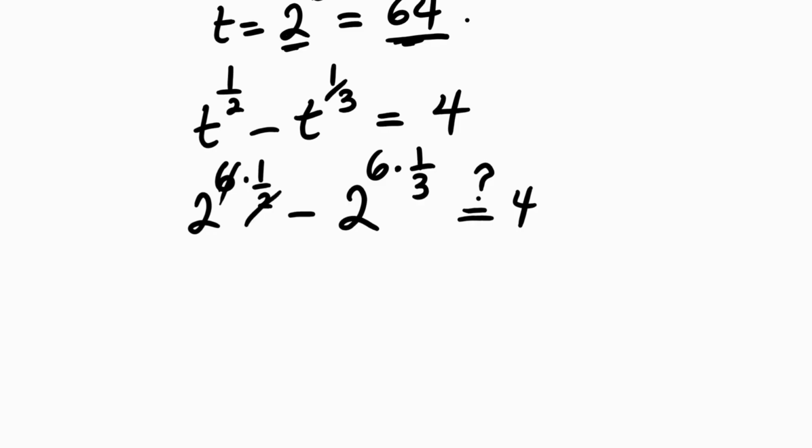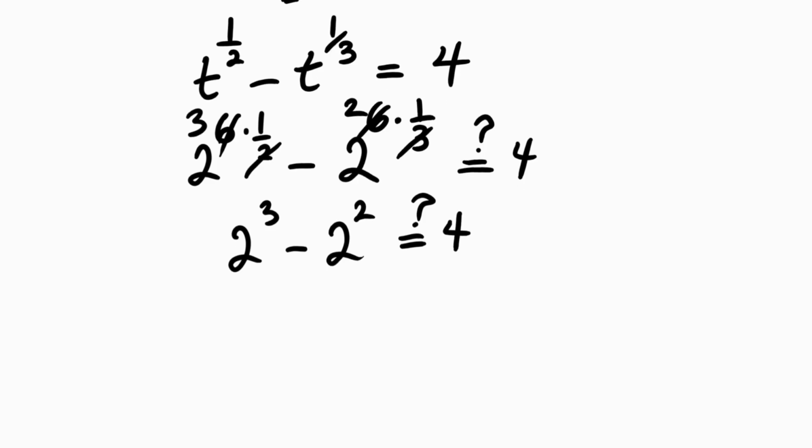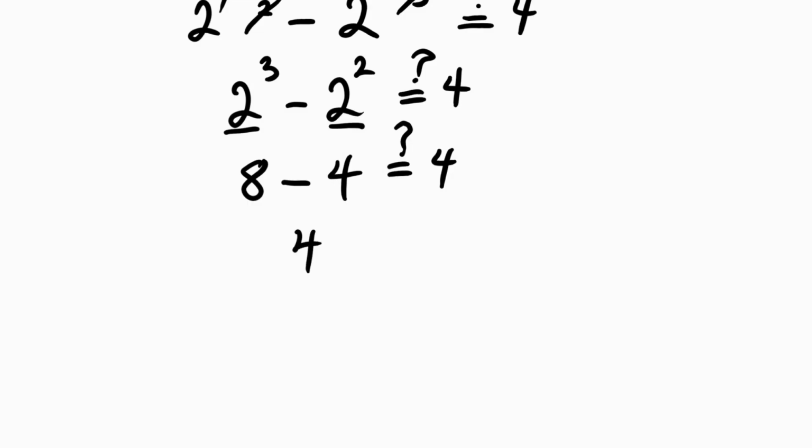Okay, so divide through, this becomes 3. Divide through, this becomes 2. So we have 2 raised to the power 3 minus 2 raised to the power 2. See if that's going to be equal to 4. 2 raised to the power 3 is 8. 2 raised to the power 2 is 4. So now we see that 4 is equal to 4. That means our left-hand side is equal to our right-hand side.